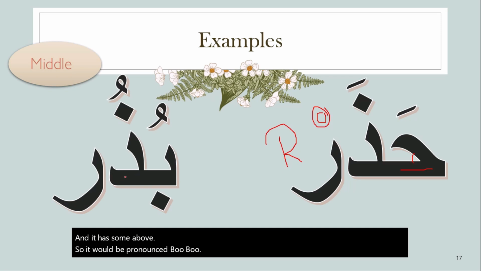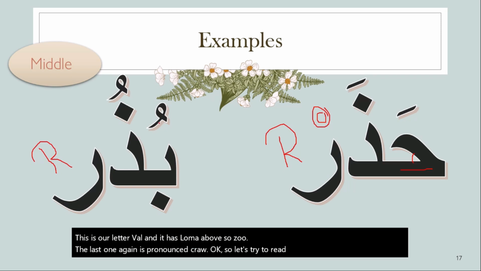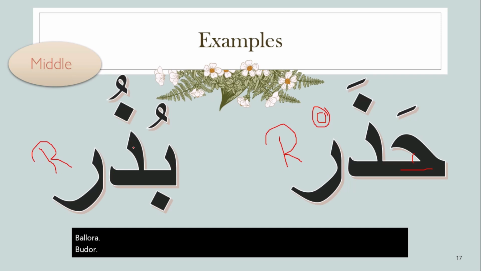This is our letter dhal and it has dhamma above, so dhu. The last one again is pronounced like ra. So let's try to read it. Bu, dhu, r. Budur. Okay, perfect.